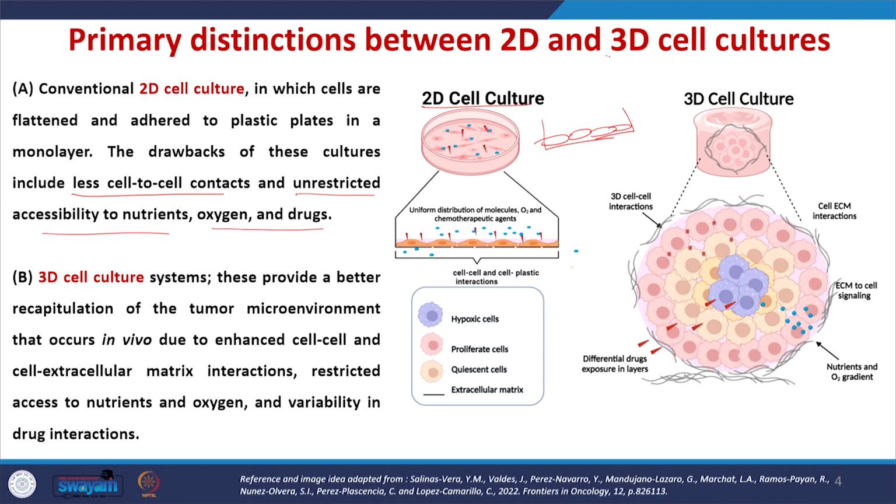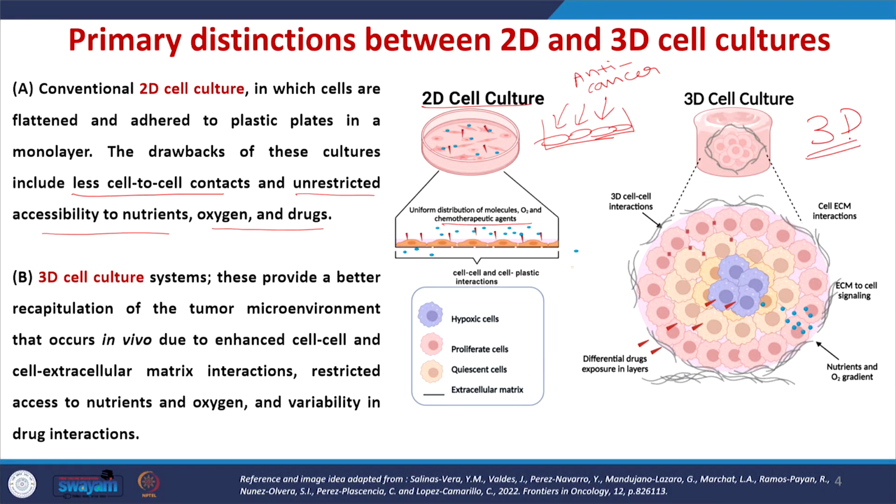For example, if you are adding an anti-cancer drug and you want to check whether this anti-cancer drug is efficient in killing the cancer cells, when you add the anti-cancer drug, you will get a uniform distribution of your anti-cancer agents. So, that is why this 2D cell culture may not be suitable for translational research, because inside our body we have all the organs in 3D.